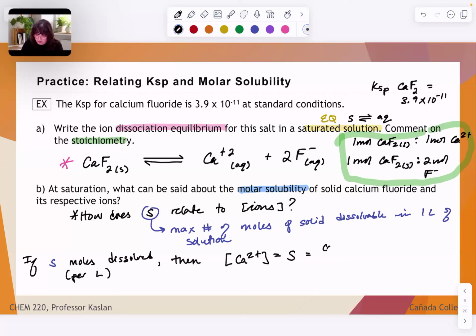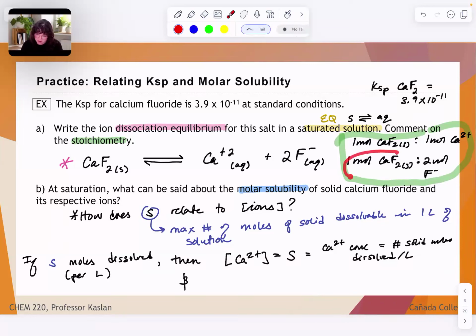So we're saying calcium ion concentration is equal to the number of solid moles dissolved per liter. And let's use our stoichiometry for the fluoride to make a similar statement. Because our solid generates twice the amount of fluoride, the ratio of fluoride to solid being 2:1 means that we have twice as much fluoride as we do the solid.